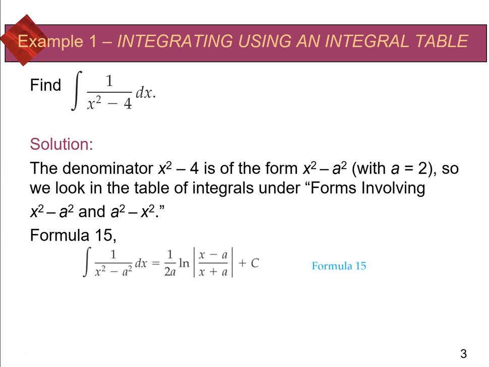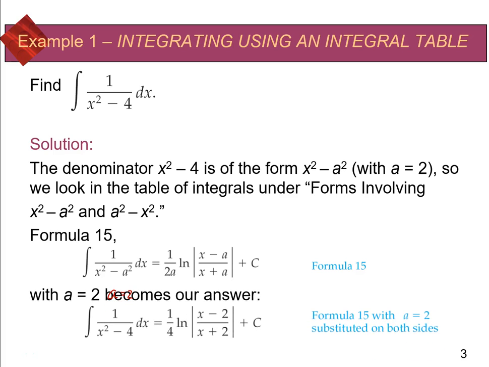So basically, realizing that in this case a is going to equal 2, the rest of it becomes quite straightforward. All I have to do is put 2 in everywhere I see a, and I would have my formula. And that's all there would be to it, using the table.